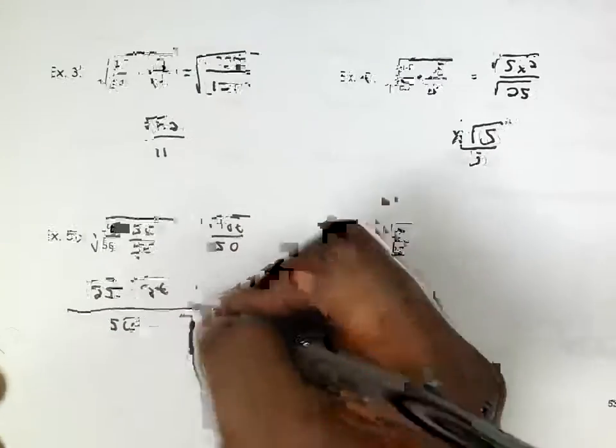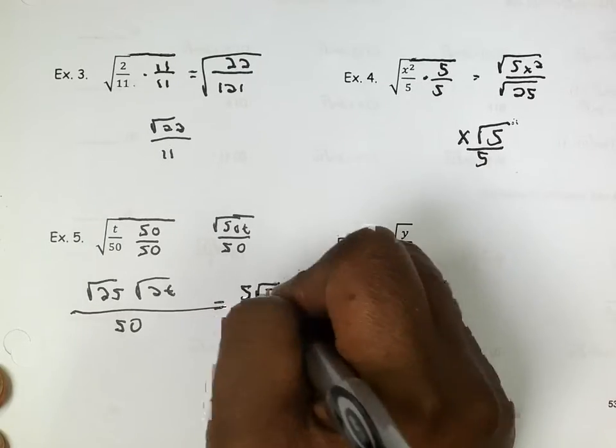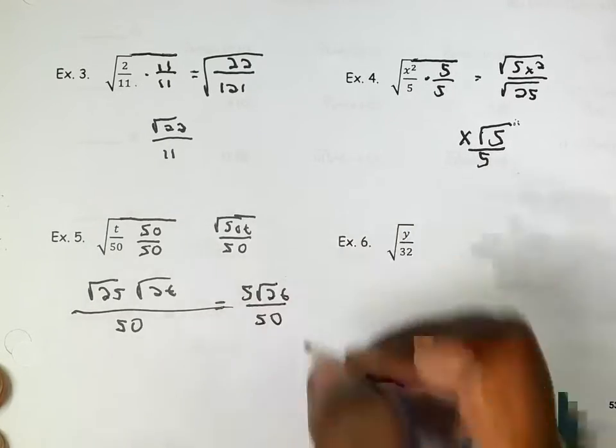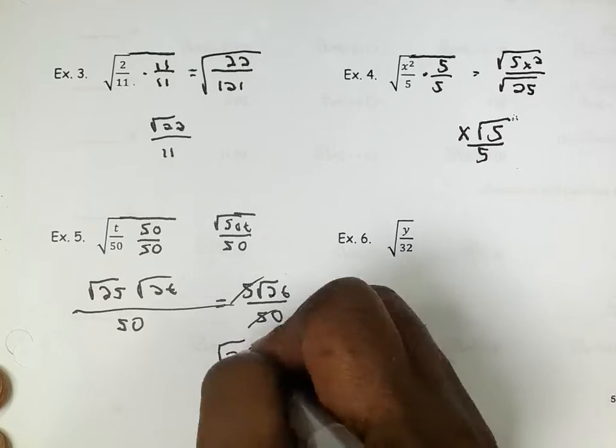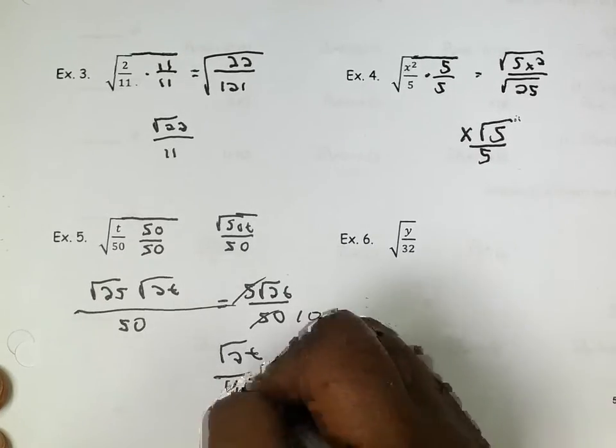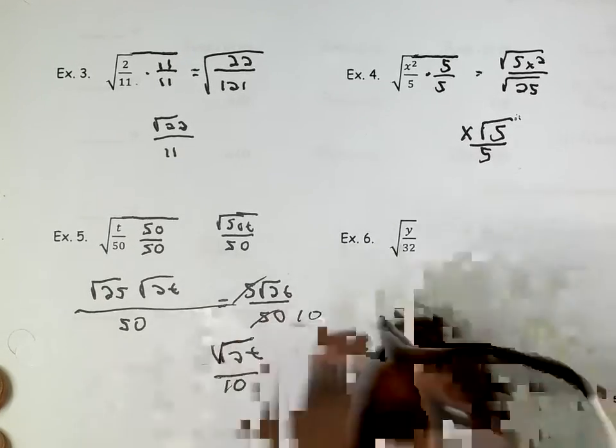Square root of 25 is 5. I don't know why I made that so big. So 5 square roots of 2t over 50, and then this reduces to 1 over 10. So my final answer is square root of 2t over 10.